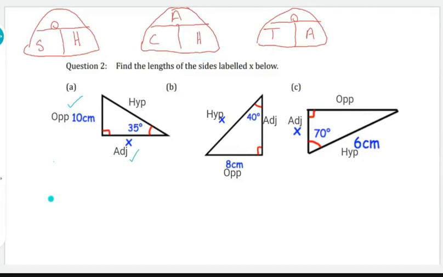Okay. So what we're actually going to do is this. Now, question, rather than writing T, O, and A, we're going to write what they actually are. So what is T? Tan angle. Yes, tan angle. And in this question, what is the angle? 35 degrees. Very good. And then for O, what is O? 10 centimeters.